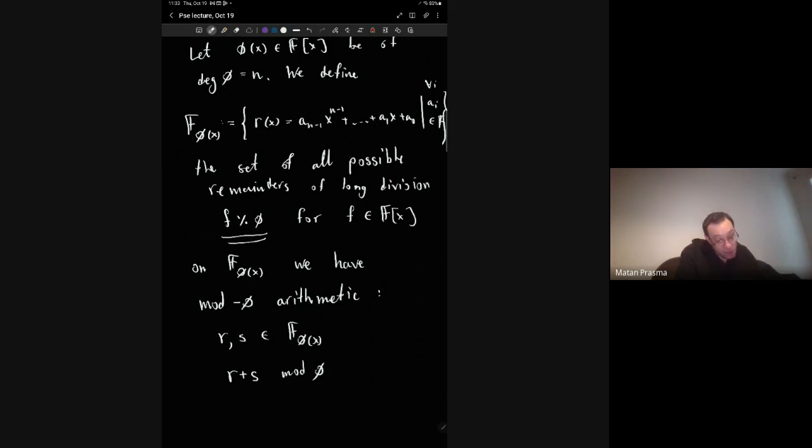In fact, by definition, it will simply be r plus s as polynomials. And you can also do r times s. You do r times s, and then mod phi is simply defined to be the remainder of r times s in long division by phi.